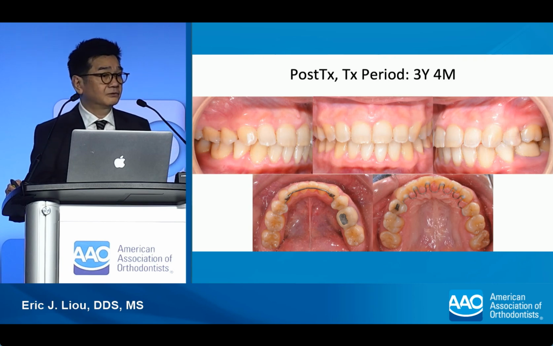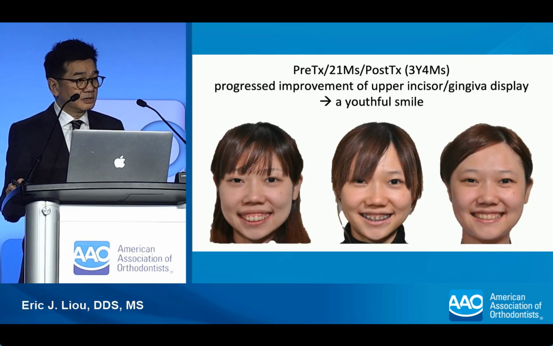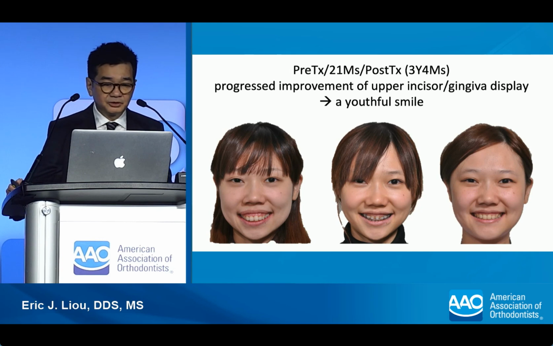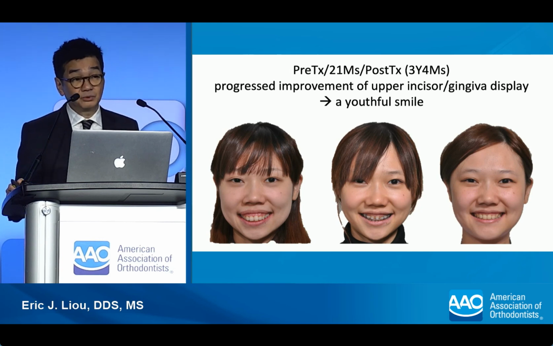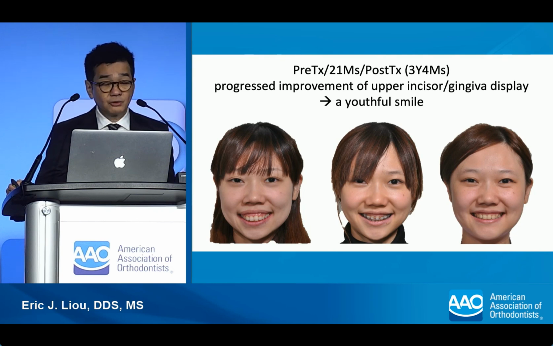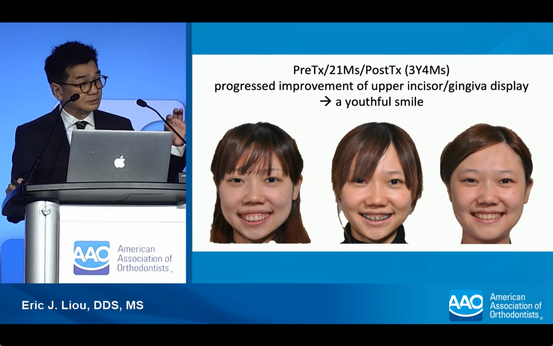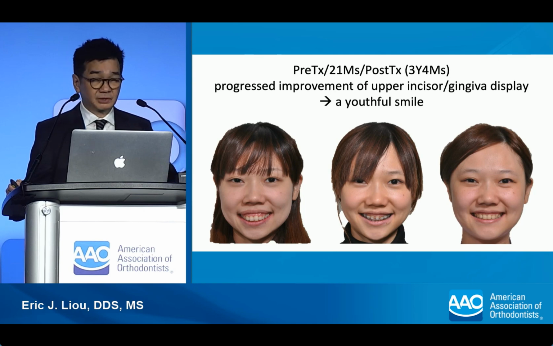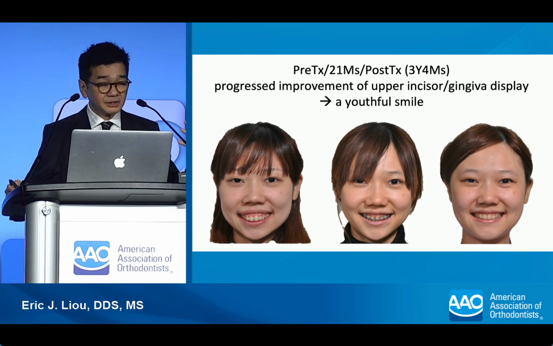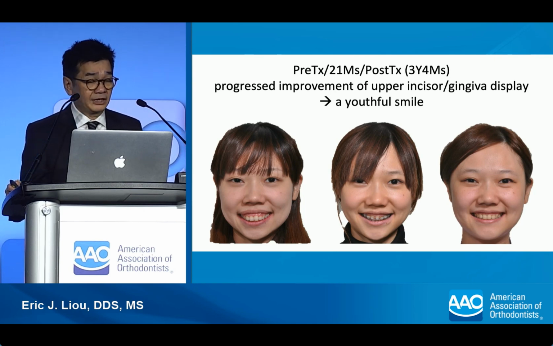Let's check her smile before the treatment, during the treatment, and at the end of the treatment. I think I did a good job to give her a youthful smile with a full upper incisor display and also little gingiva display, which gives her a very good smile, as it should be for her age.